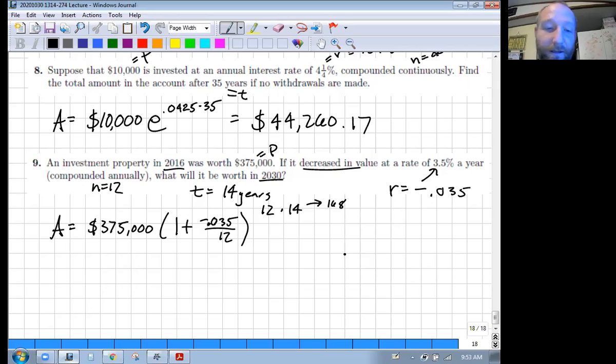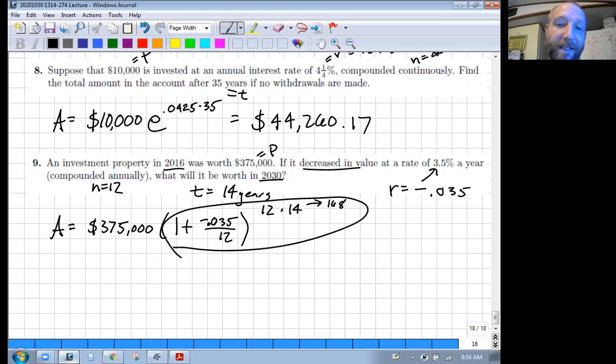I have negative 0.035 divided by 12, so that's a negative number. If I add 1 to that, this number inside here is less than 1. So when I raise it to the 168th power, it's going to be even smaller, about 0.6.